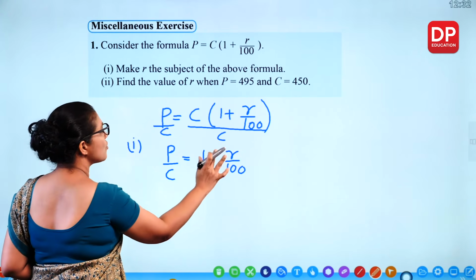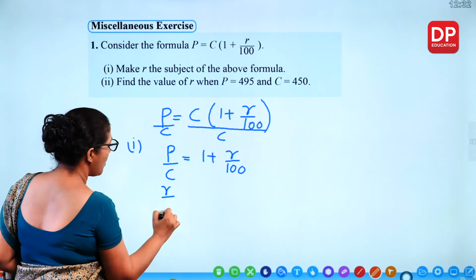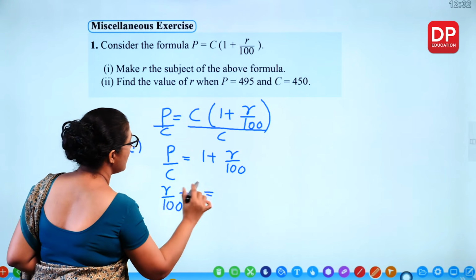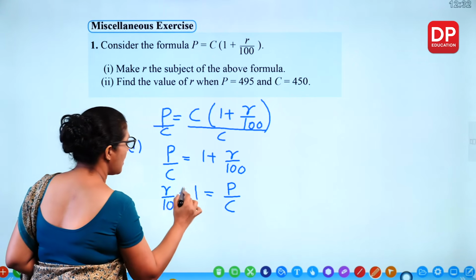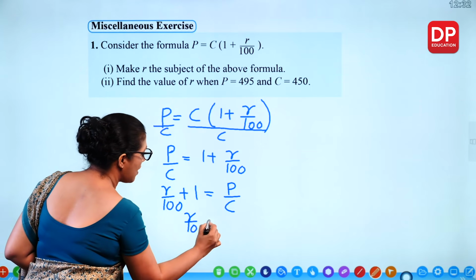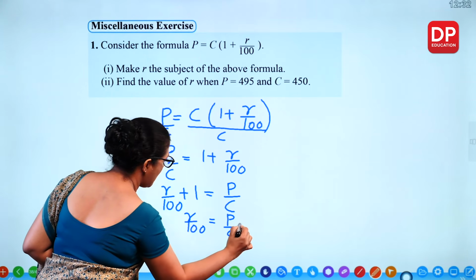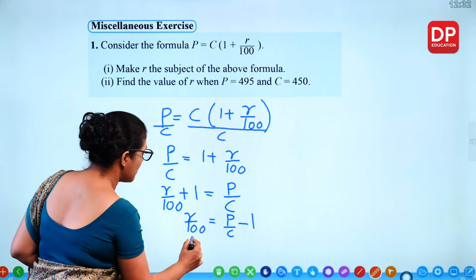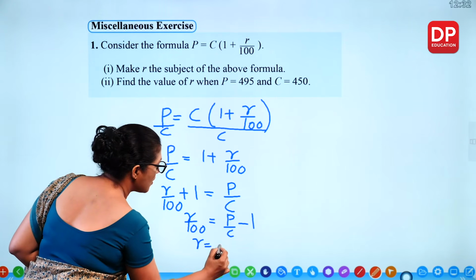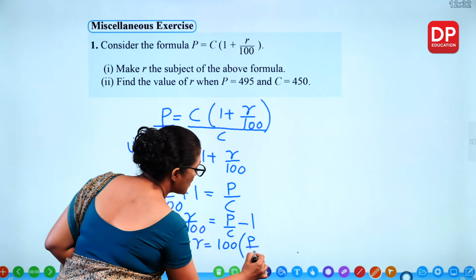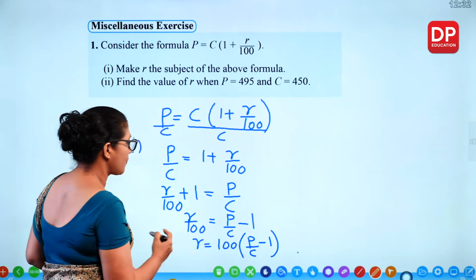I need r, so I'll keep r over 100 this way and take 1 to the other side. So r over 100 becomes p over c minus 1. Now multiply both sides by 100. You get r equals 100 times (p over c minus 1).